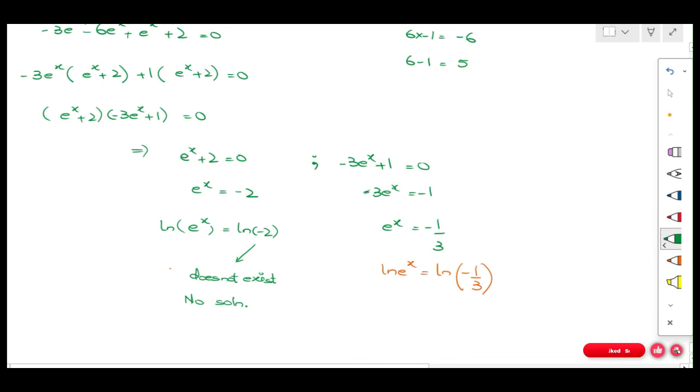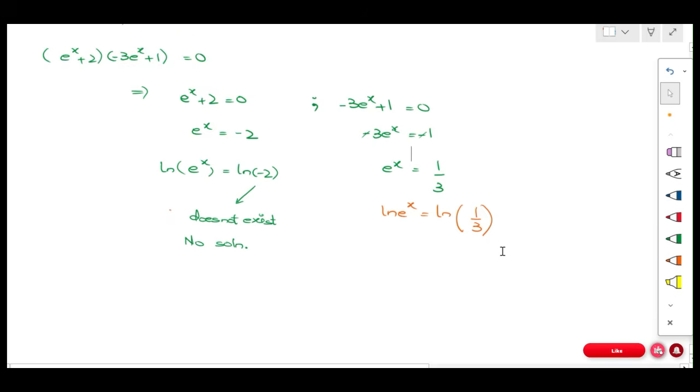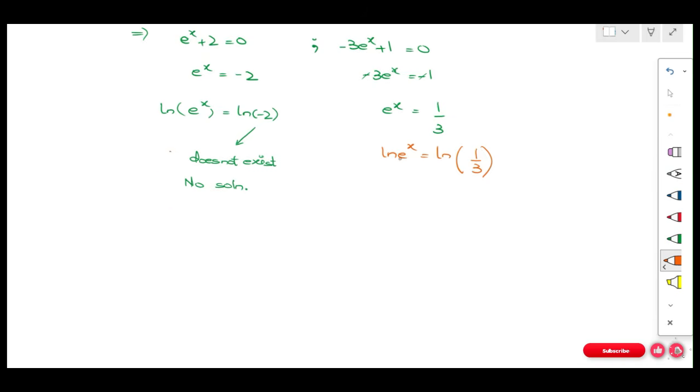This is negative, these two negative signs are cancelled out. When these two are cancelled out, e power x is 1 over 3. Now e power ln of x is just x, so x should be equal to natural log of 1 by 3. So the x coordinate of the point of intersection is natural log of 1 by 3.